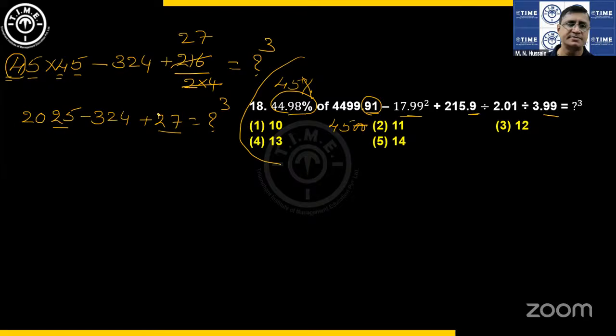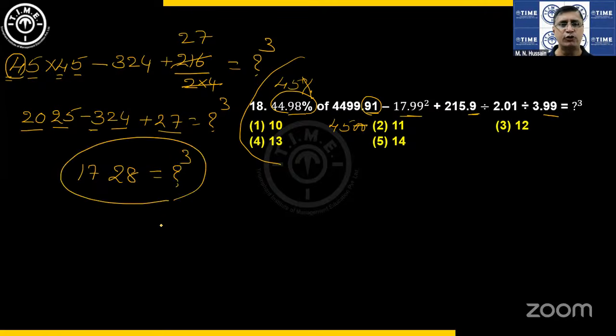Or you can try like this. 25 minus 24 is 1. 1 plus 27 is 28. Okay. Next, 20 minus 3. 20 minus 3 is equal to 17. So 1728 is equal to question mark cube.